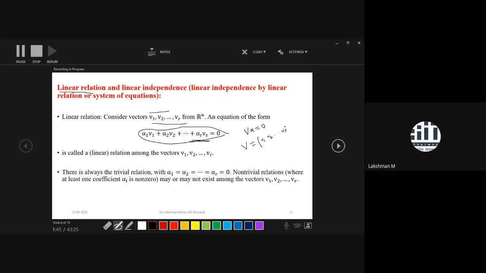Alpha is the vector having first coordinate alpha 1, second coordinate alpha 2, and likewise the rth coordinate alpha r. This representation we call the linear relation.